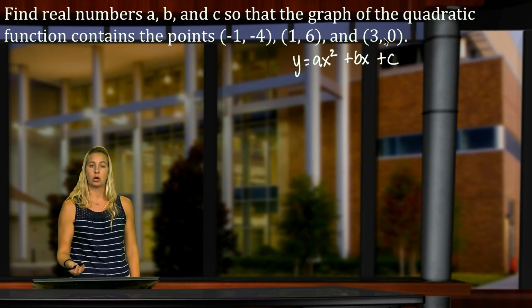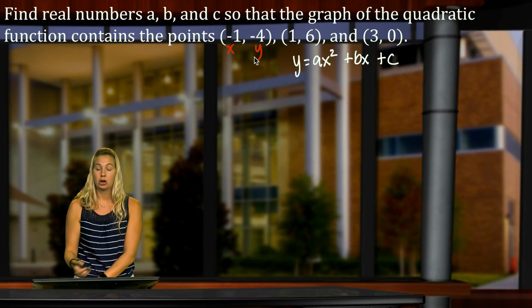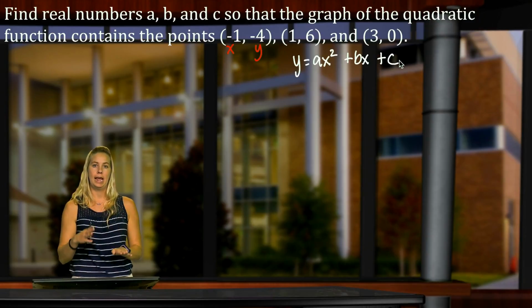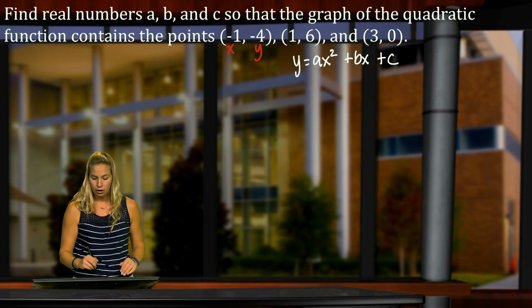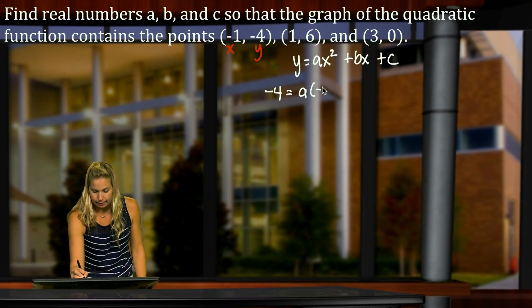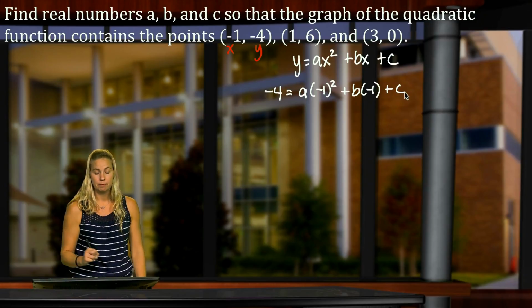Now each of our ordered pairs is an x and a y. So we're going to plug them in for x and y in here so that we end up with equations with variables a, b, and c. So our first equation is going to be negative 4 equals a times negative 1 squared plus b times negative 1 plus c.